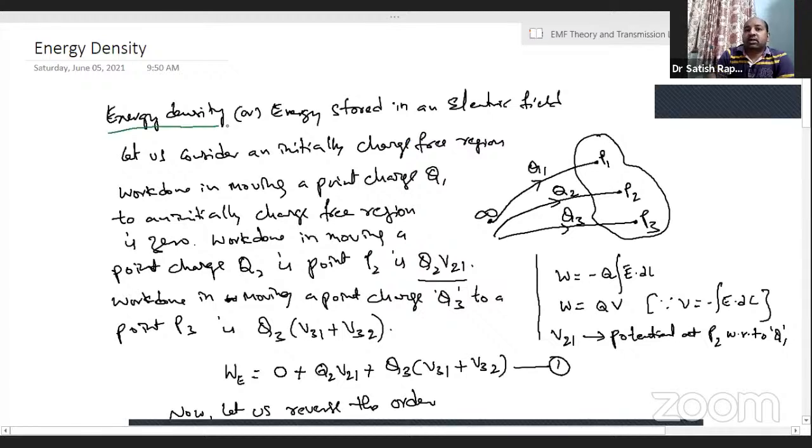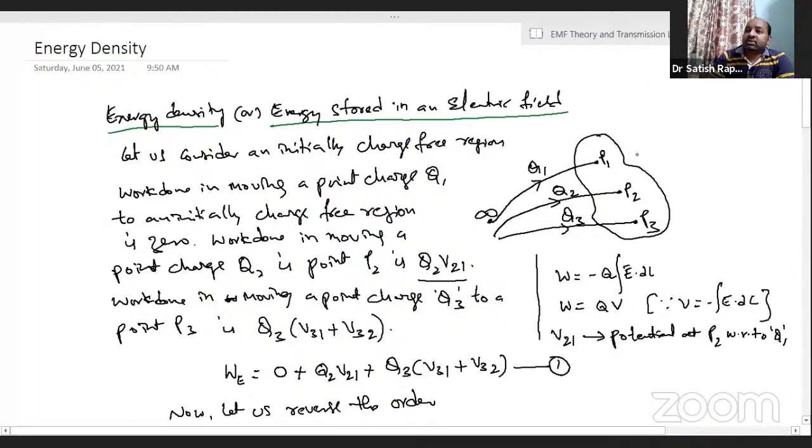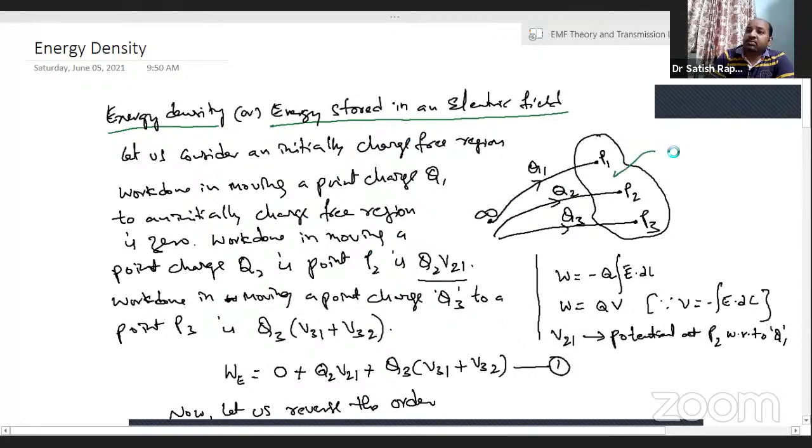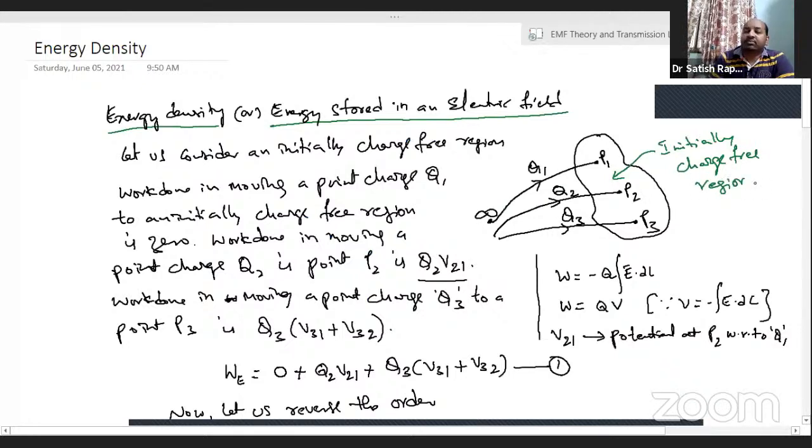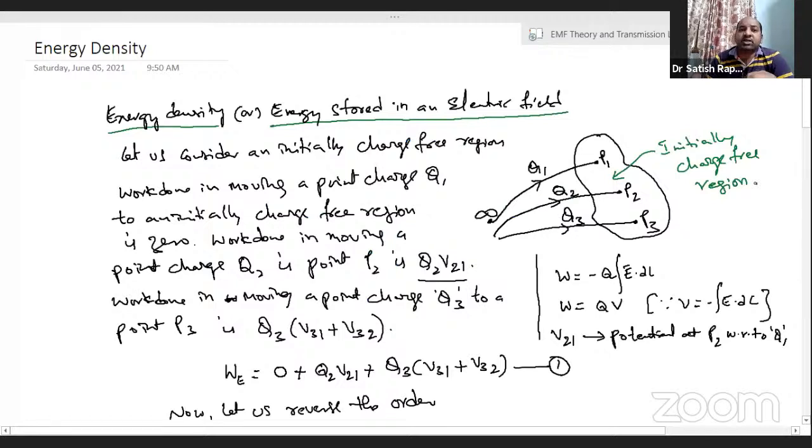Energy density or energy stored in an electric field. Let us consider an initially charge free region. Charge free in the sense what?